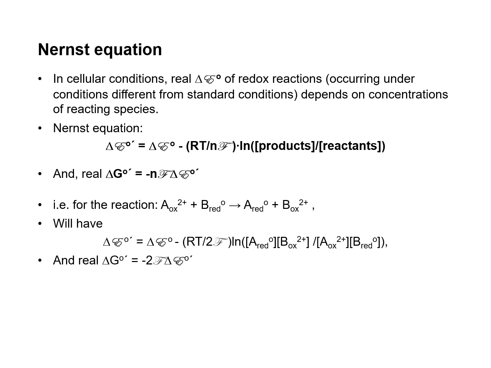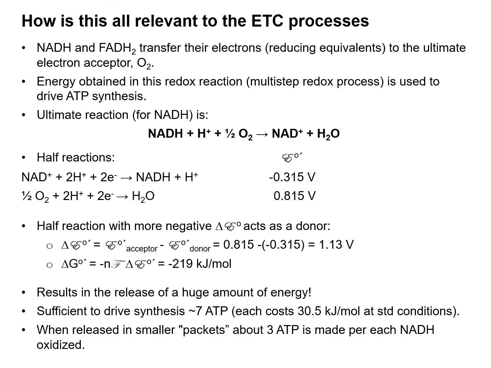Then how is this all relevant to the electron transport chain processes happening in the inner membrane of mitochondria? When we look at NADH and FADH2, which are the coenzymes for such a process, they transfer their electrons, working as reducing equivalents involved in redox reactions to ultimately hand these electrons to the electron acceptor, the oxygen gas molecule.